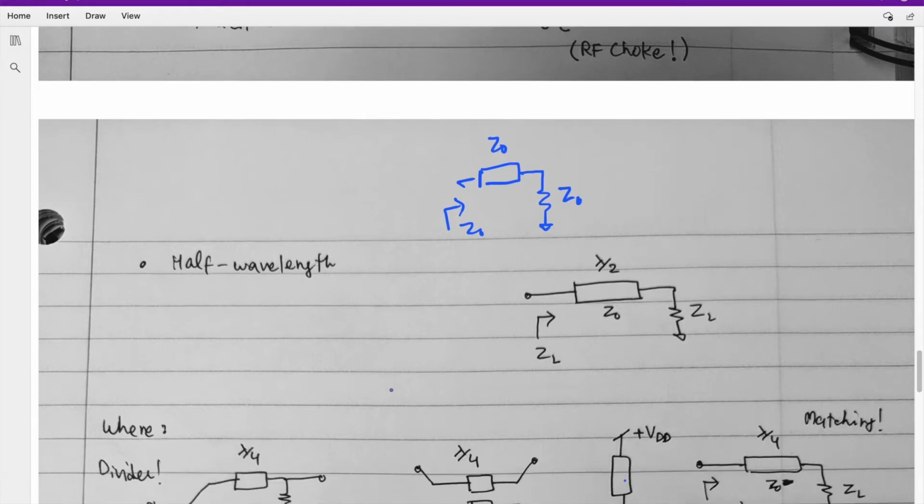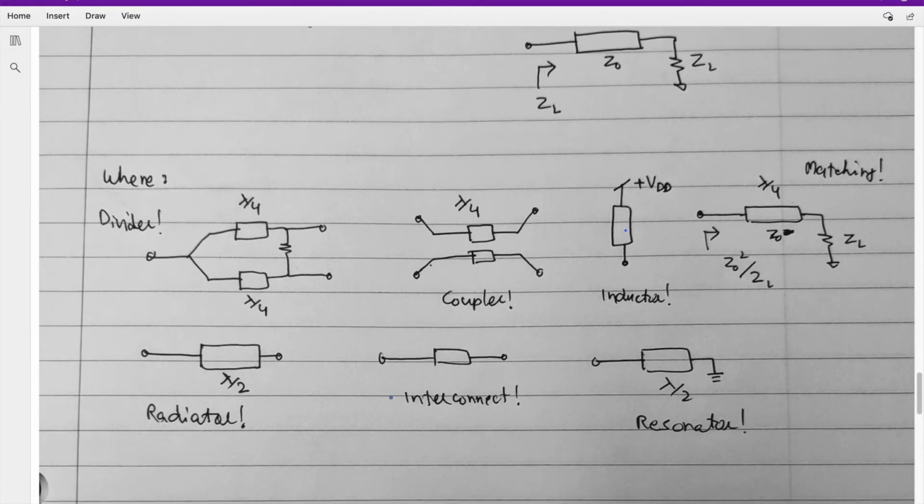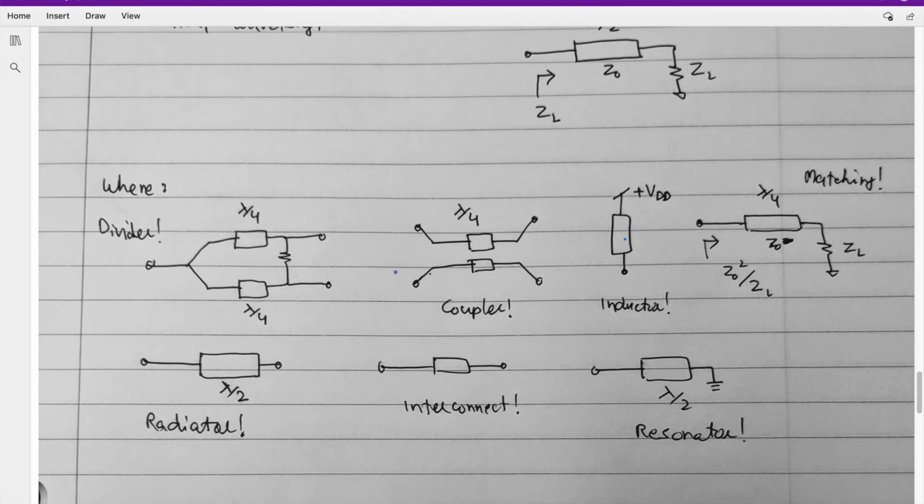Okay, now where do we use these transmission lines? Well, if you come to the millimeter wave domain, these are everywhere. For example, the Wilkinson power divider, where you use quarter wave lines to make a 3 dB splitter. For example, a quadrature coupler, where you want the outputs to be 3 dB split in addition to the 90-degree phase shift. You use quarter wave lines and couple them.